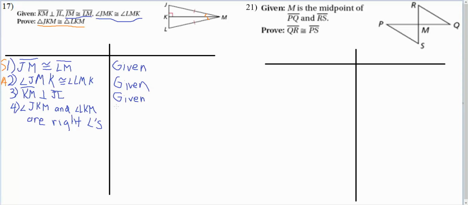And that is the definition of what? Well, perpendicular. So if we see a symbol or a vocabulary word, big concept word, typically we use it in the very next reason.